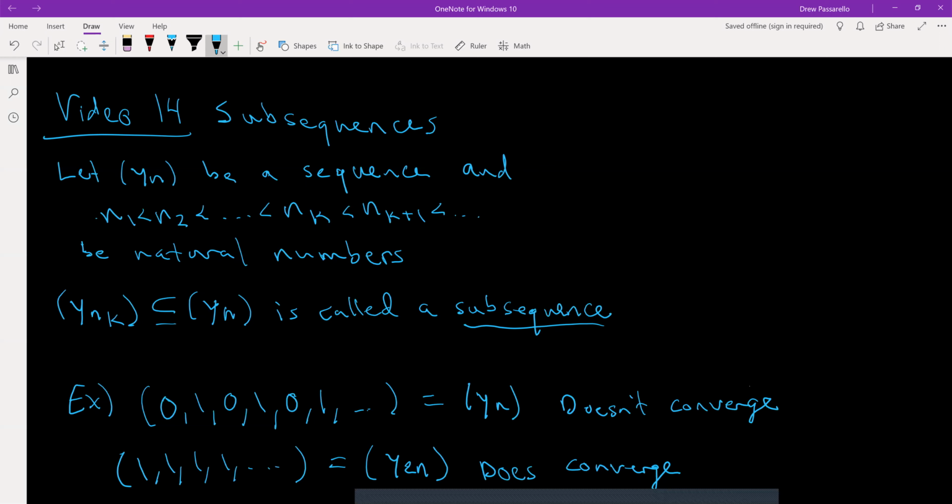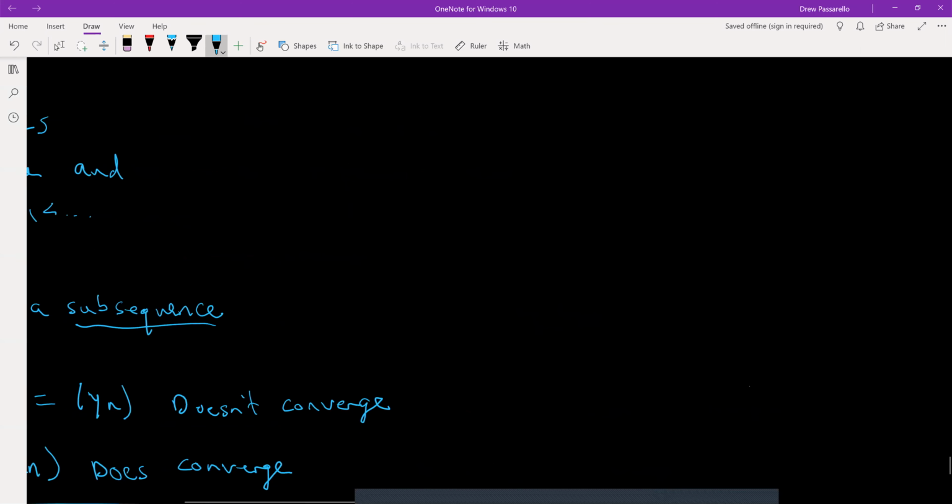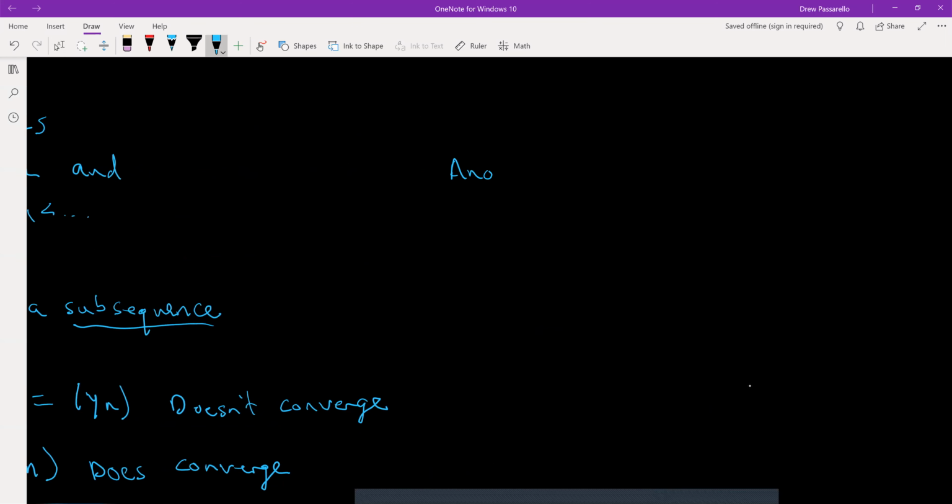As another example, let's say you have the sequence of squares. So we have 1, 4, 9, 16, and I'll list a bit of them.